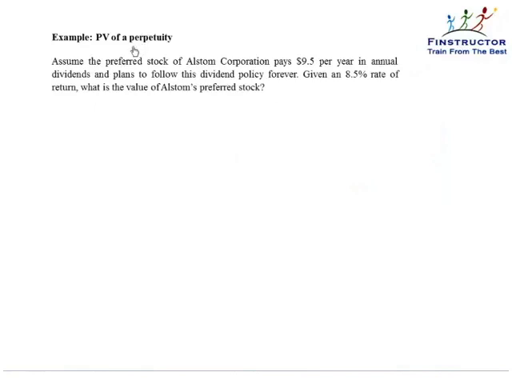Now, a perpetuity is an annuity forever. So it is a fixed series of cash flows that keeps coming till infinity. Assume the preferred stock of Alstom Corporation pays $9.5 per year in annual dividends, and the company plans to follow this dividend policy forever.